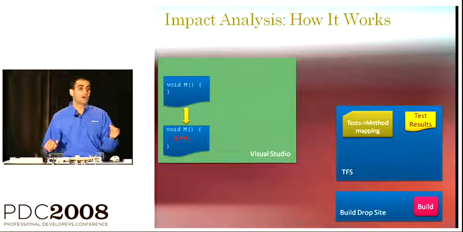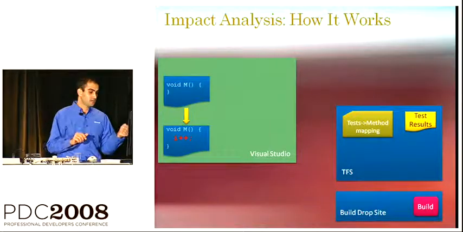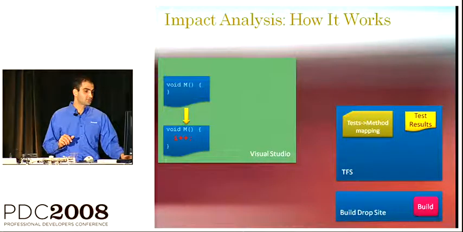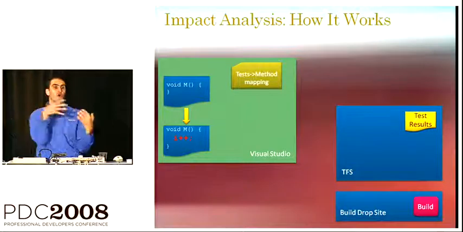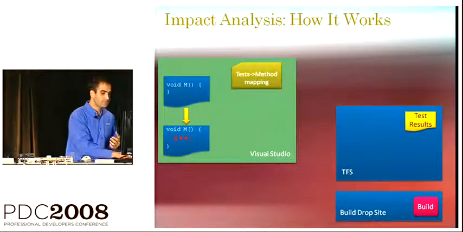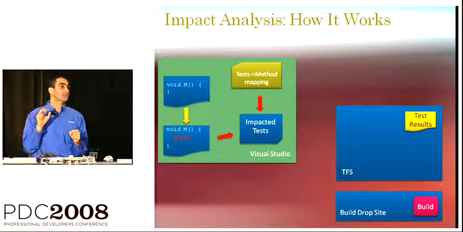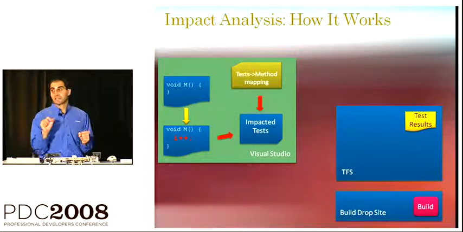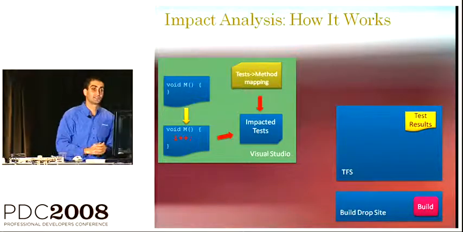So that later on, as you open up the solution in Visual Studio Team System, we actually take that mapping file over to the IDE, and using the test mapping file plus the changes, we can then calculate exactly what tests you need to rerun because of the changes that you just made.